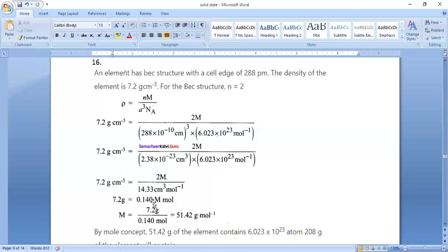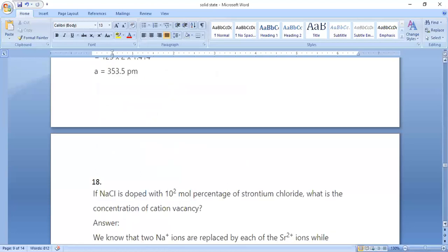We are going to calculate M only. So M is equal to 7.2 gram divided by 0.140 mole, which gives 51.42 gram. This positive mole moved to the upper side, so we get mole power minus 1.